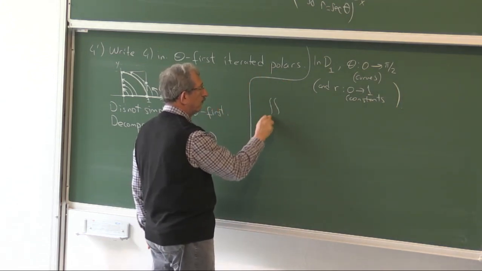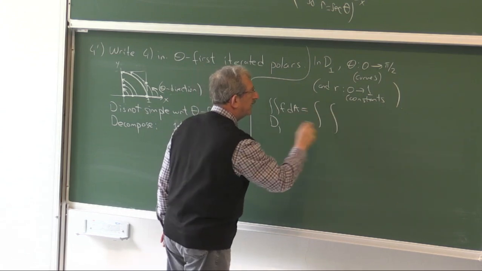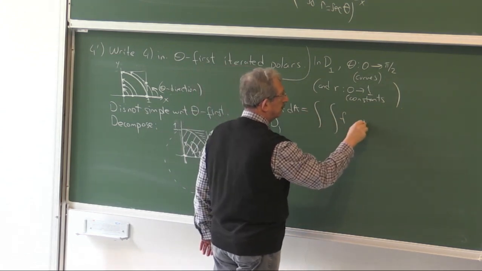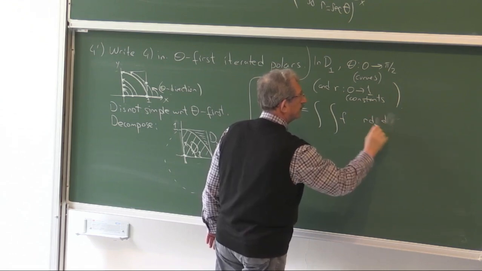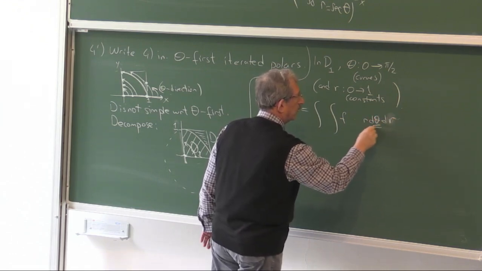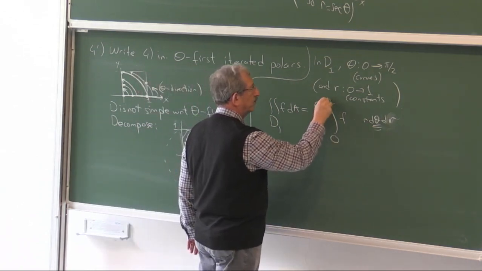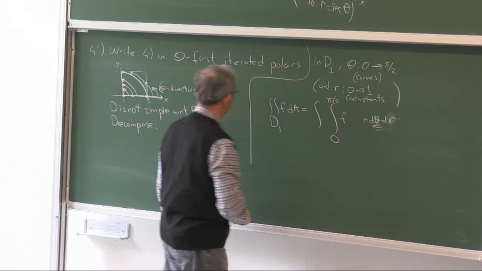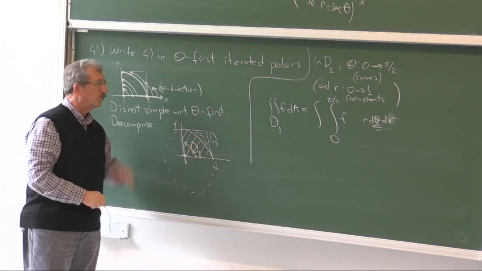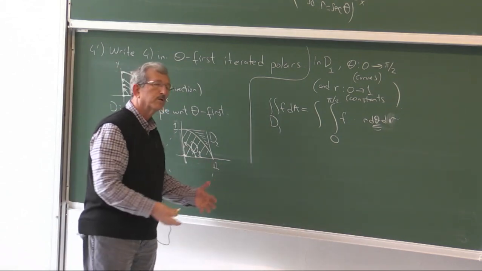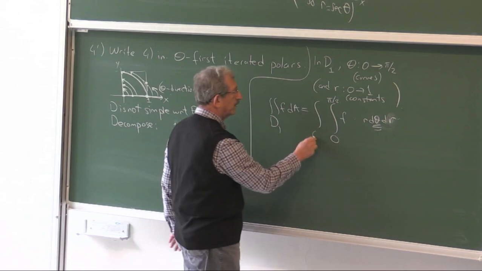So, the integral over D1 of f dA would be in iterated polars, theta first, where theta is the first variable, from 0 to pi over 2, from the x-axis up to the y-axis. They are also theta equal to constant curves, and r changes from 0 to 1.